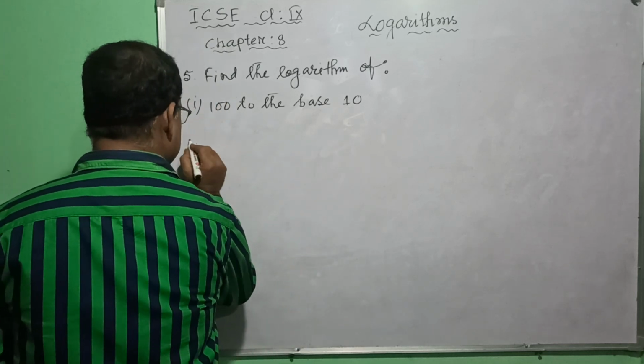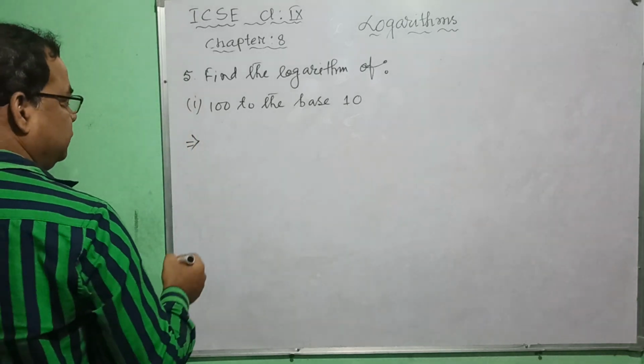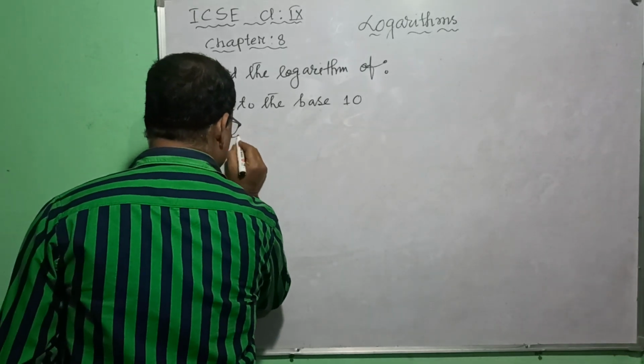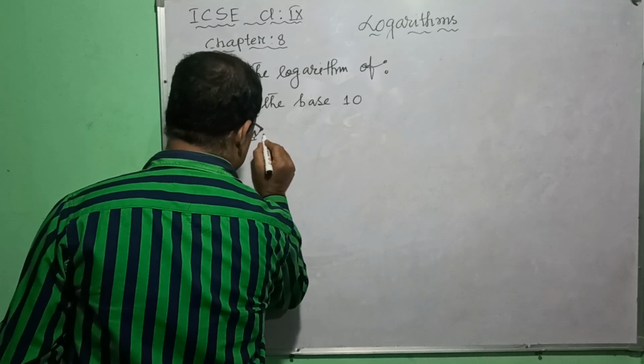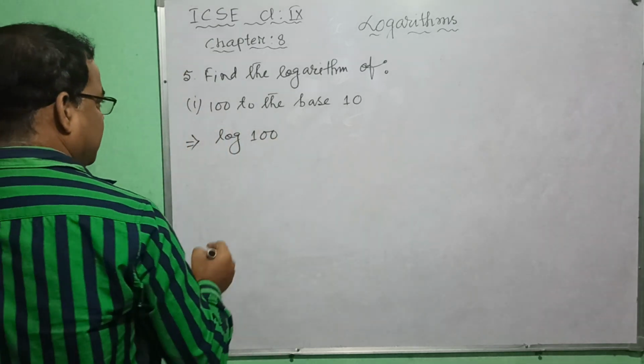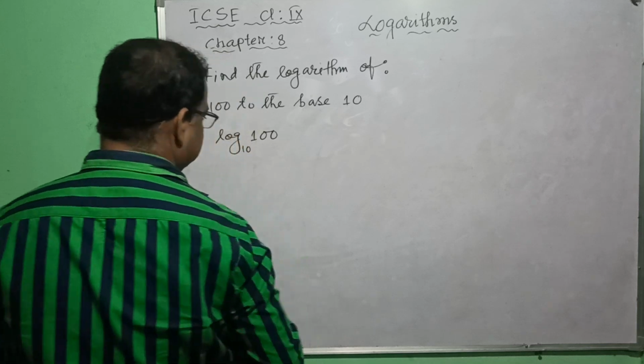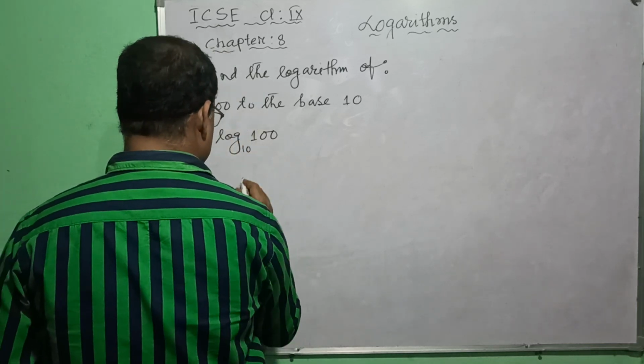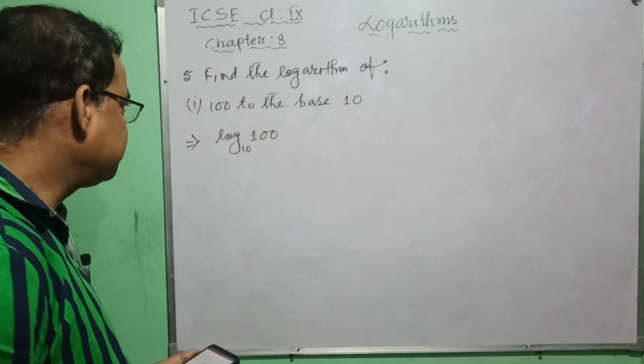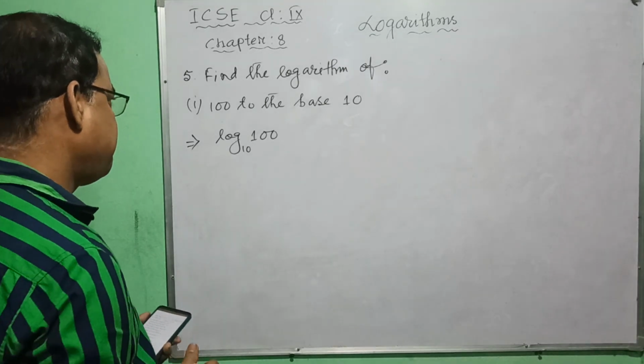So we'll write it in this way: log 100 at base 10. So we have to find the value of log 100 base 10.